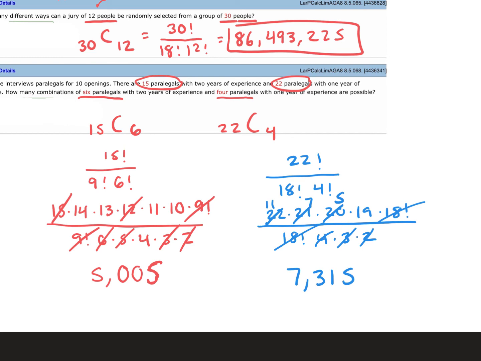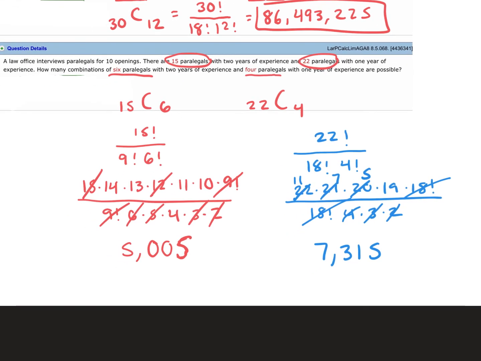So we have two different numbers here. What do you think we'd do with them? Do you think we add them or multiply them? Read the question.